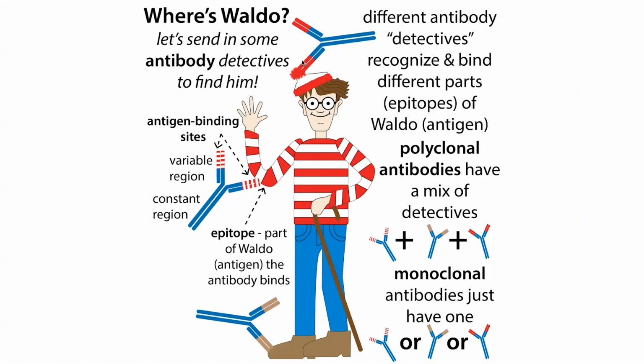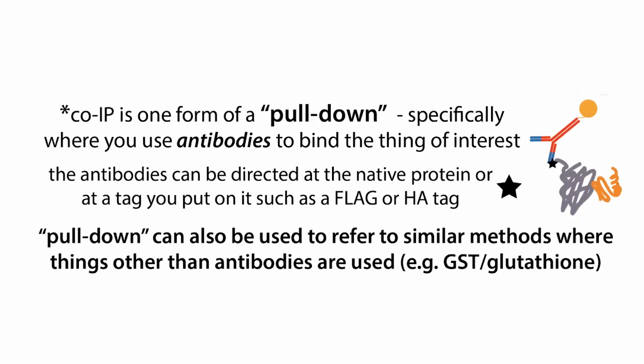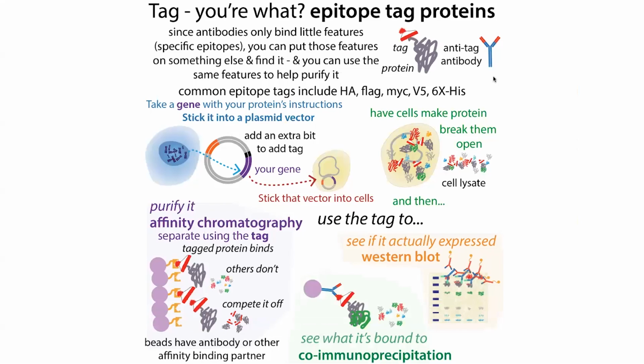The epitope that we target with our antibody can be different. It can be part of the native protein, the unmodified protein. Or what's more common these days is that the epitope is actually an epitope tag that we add onto our protein. This can be something like an HA tag, FLAG tag, Myc, or V5.